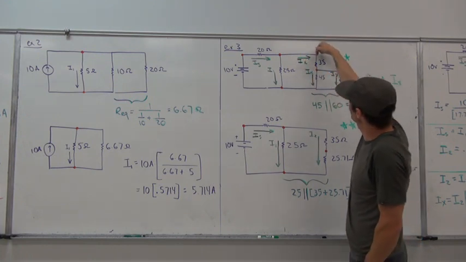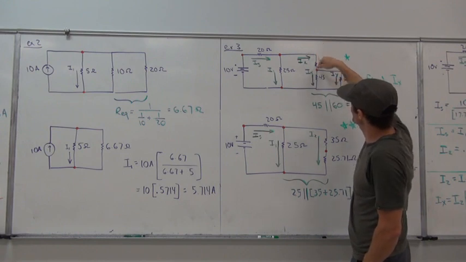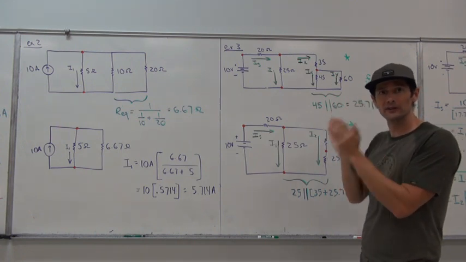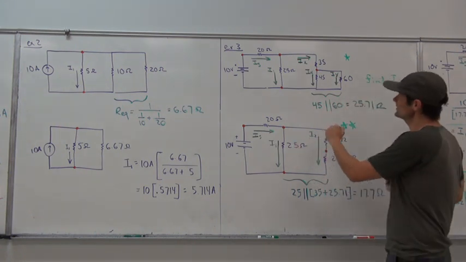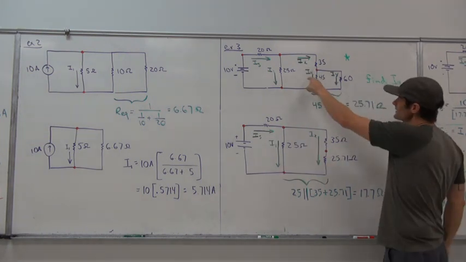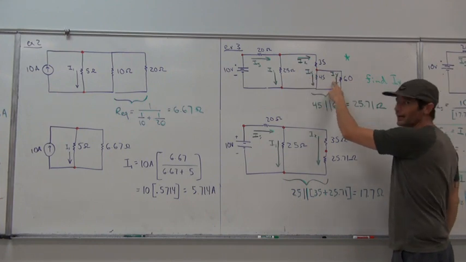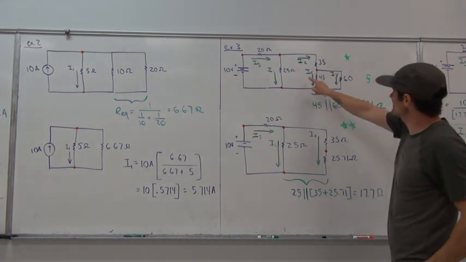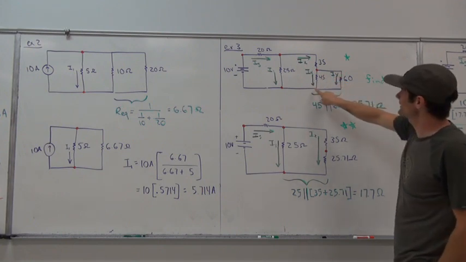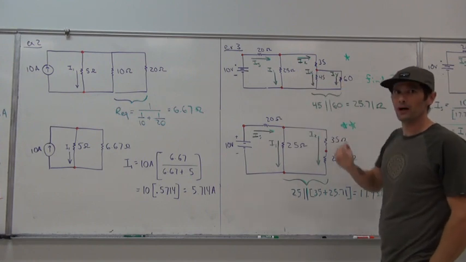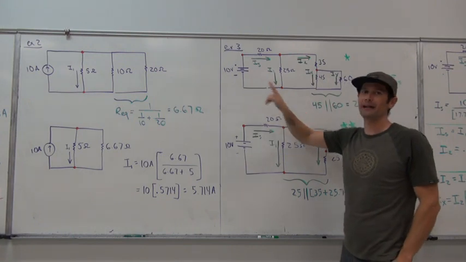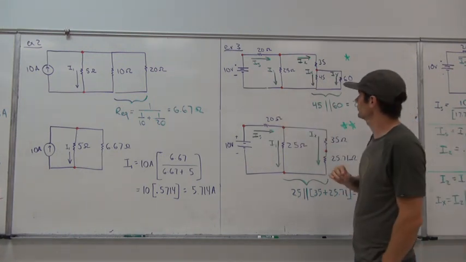As that current flows down through the 35 ohm resistor, it hits another node in which two resistances are in parallel with each other. So I2 splits again between IX and IY. IX and IY flow through the 45 and 60 ohms, and then at this node they recombine back into I2, meet up with I1 to reform IS, and flow back into the negative terminal of the 10-volt source.